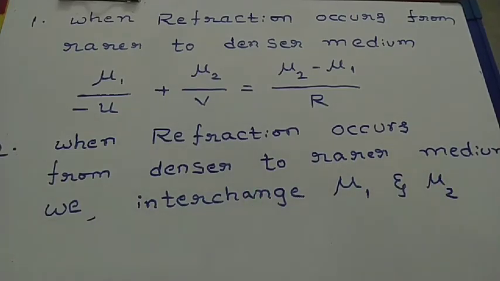In this case, what is the formula? Mu2 by minus u.